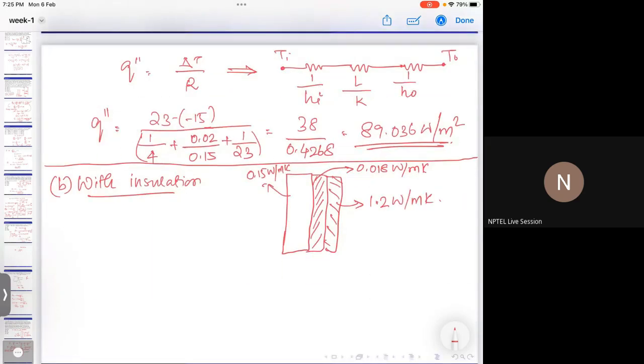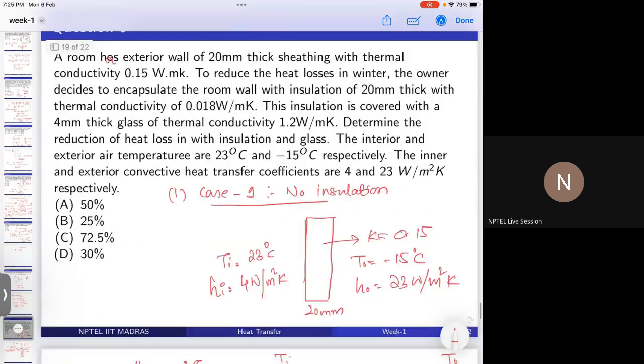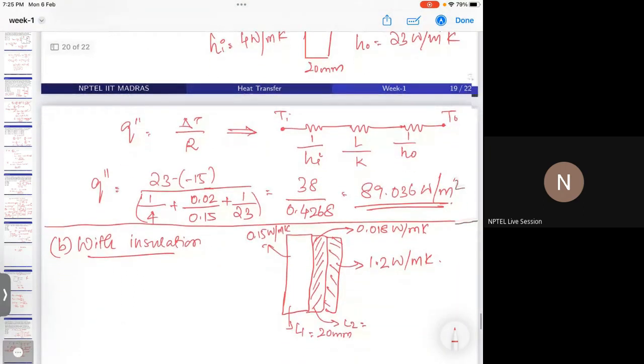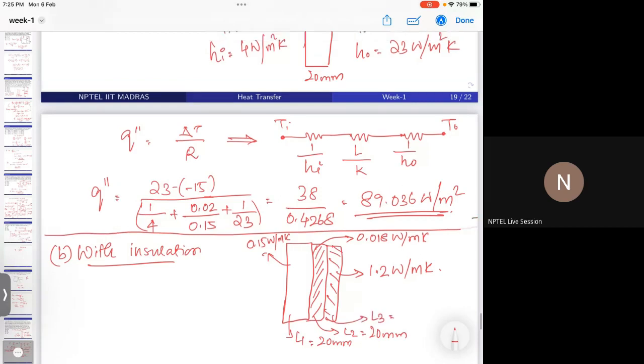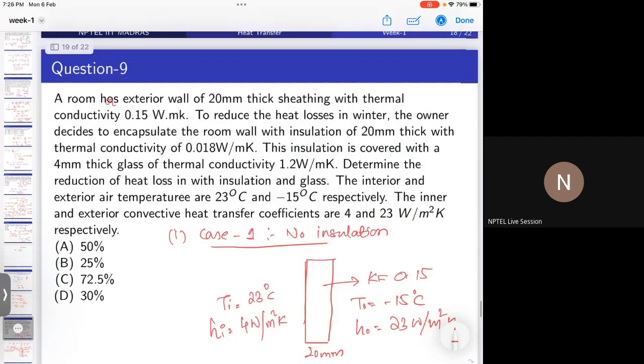The length L1 is 20 mm, L2 is 20 mm, and L3, I am writing 1, 2, and 3, is 4 mm.